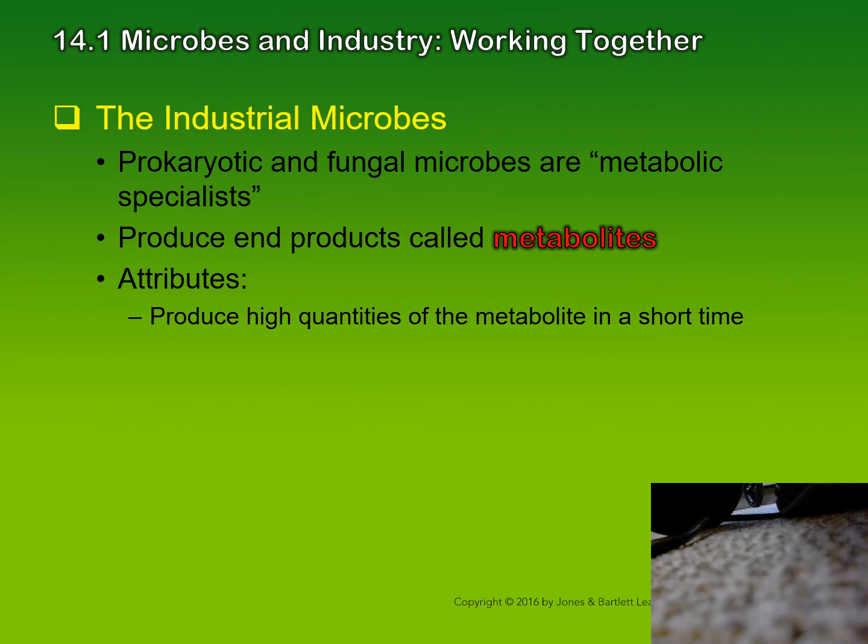That's why it's an advantage to use a cell maybe like an E. coli, something that has a relatively short generation time. That is, it doubles every 20 minutes. And so we can produce a lot of those kinds of cells, and then those cells can all make their secondary metabolites, and we can then harvest the metabolites.